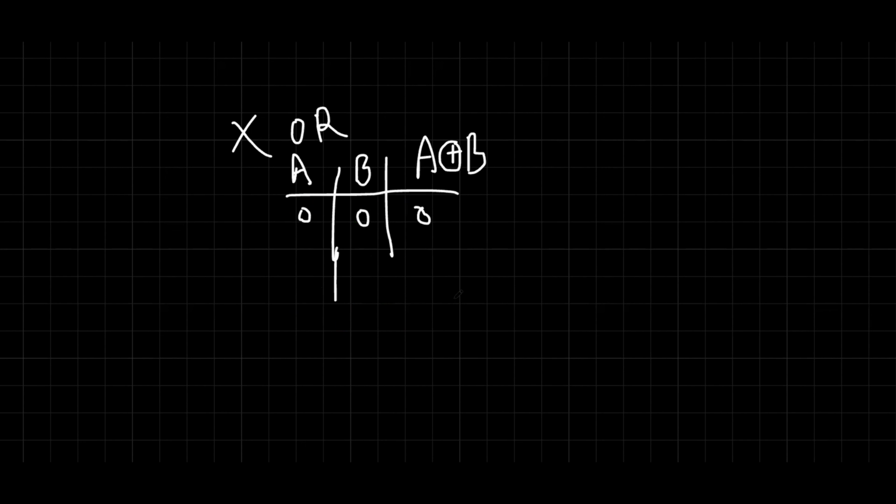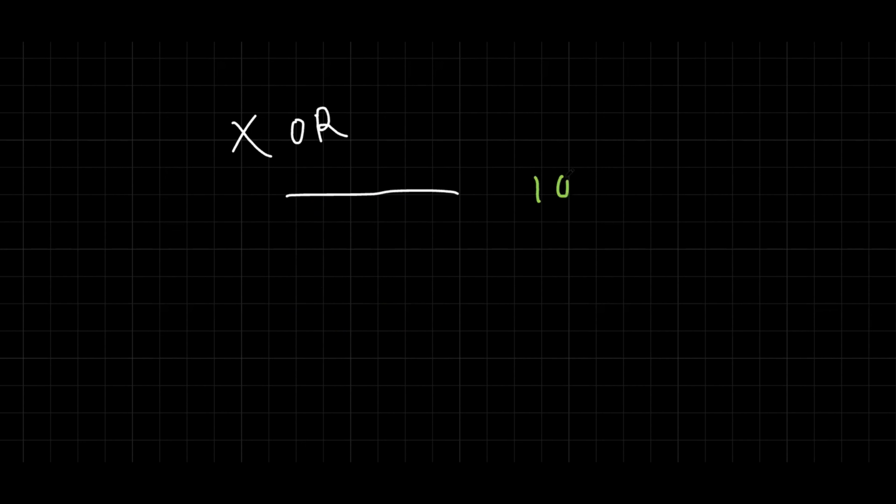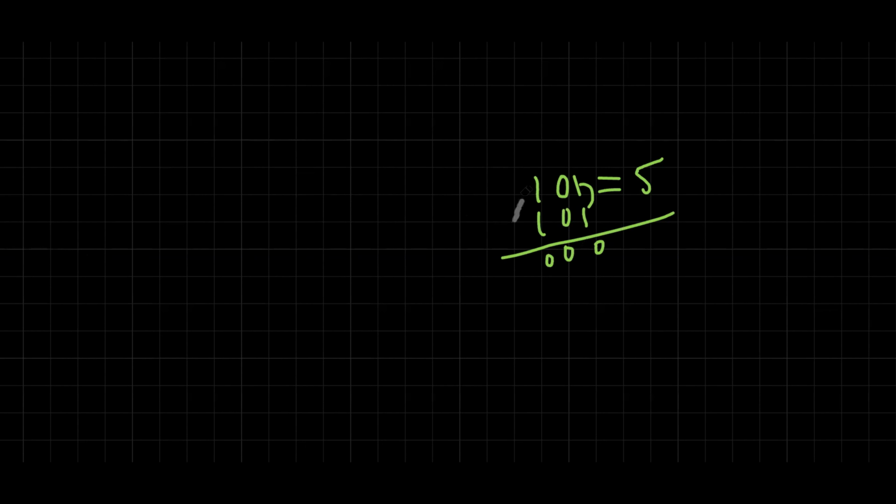Now another property is that for any two equal integers, their XOR will be 0. Suppose we have integer 5 which is 101 and we have another integer 5 which is 101, as corresponding bits are equal, so the XOR will be definitely 0. So these are the two major concepts we will use to solve this problem.